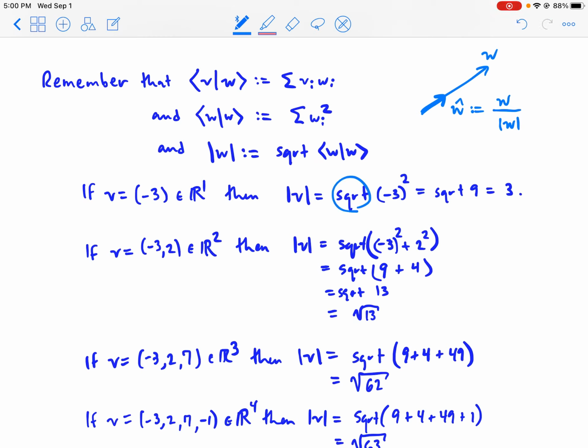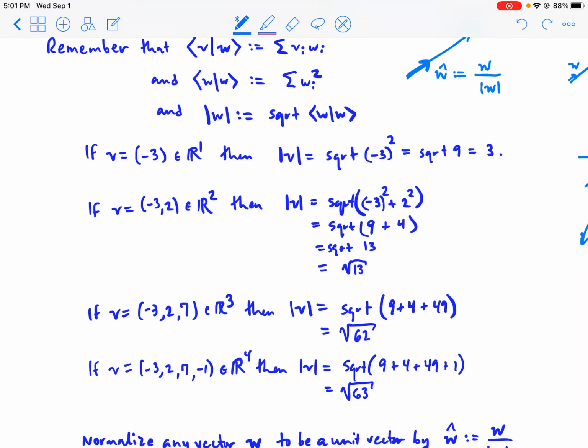Now the length of this vector is the square root of the sum of squares, well, of the one component, which is just 3. And you can see that this is the absolute value of the number minus 3. So this symbol for length, just as the absolute value symbol of a real number, ends up being the same thing. Now if we have 2 components and we're in R2, it's not just the absolute value anymore, it's the square root of the sum of squares, and we get square root 13.